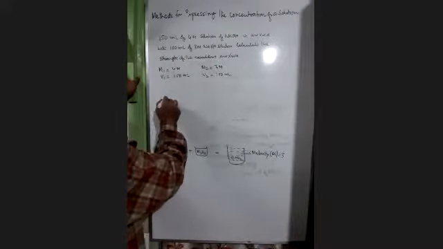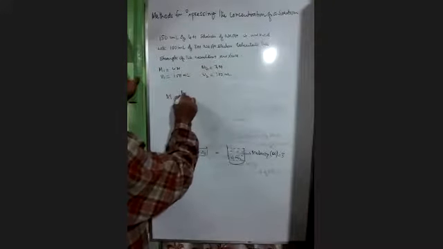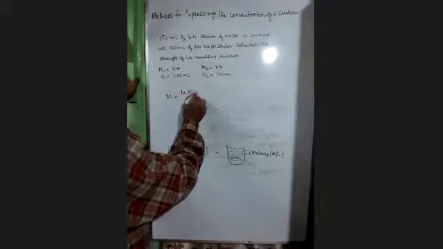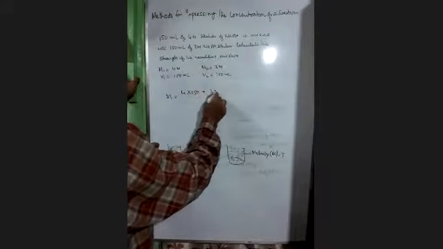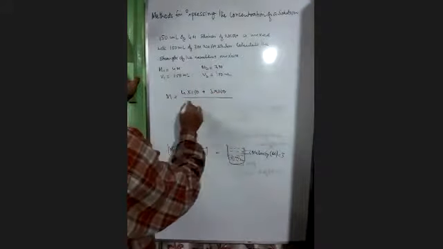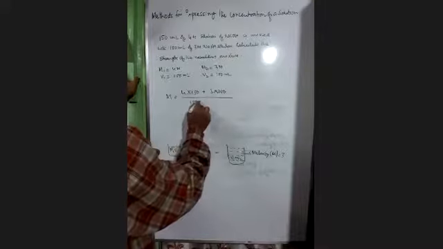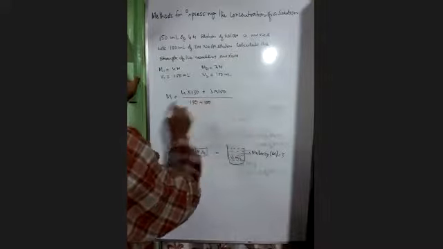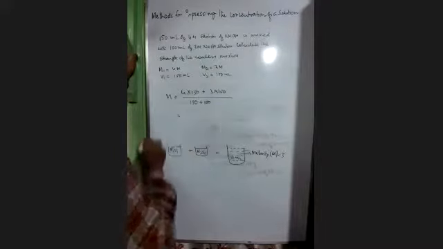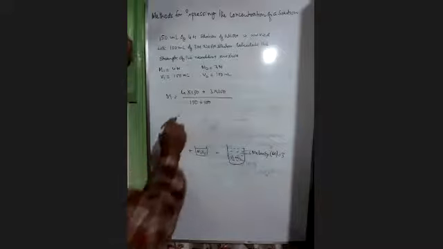Yes, sir, I got 3 point. M is equal to 4 into 150 plus 3 into 100 divided by 150 plus 100. So how much does it come? 4 into 150 is how much? 600.